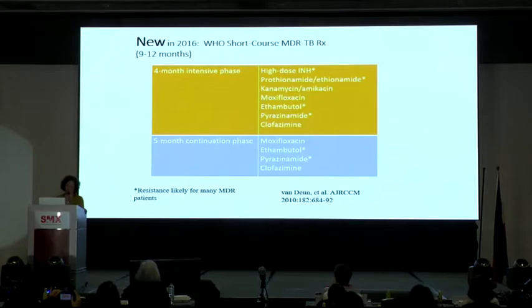It's 4 months of 7 types of drugs, including a high-dose INH, prothionamide, kanamycin, moxifloxacin, ethambutol, PZA, and clofazimine, and 5 months of continuation phase, removing your kanamycin, high-dose INH, and prothionamide.